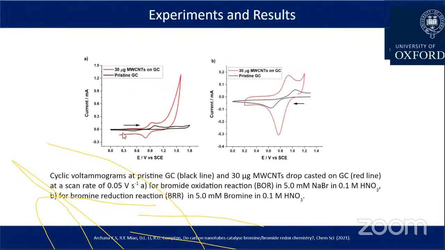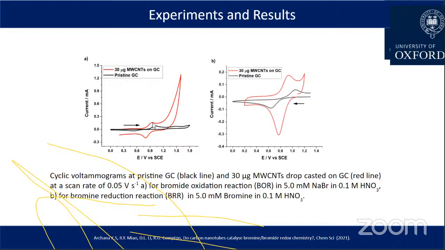And then we record the cyclic voltammogram for the drop casted electrode. We compare the drop casted electrode with the bare glassy carbon electrode, and of course we see a huge increase in the peak current, and the peak-to-peak separation is also decreased. So usually any electrochemists who work in the energy sector and on electrocatalysts would define this as the electrocatalytic performance of the carbon nanotubes.